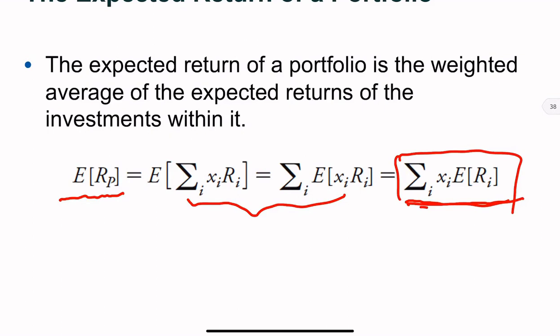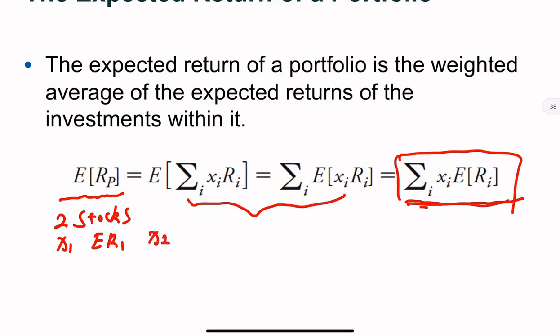So basically, you could think about a simple case. Let's say you have a two-stock portfolio, right? So you have two stocks. Let's say stock one has a portfolio weight of X1 and its expected return is ER1.